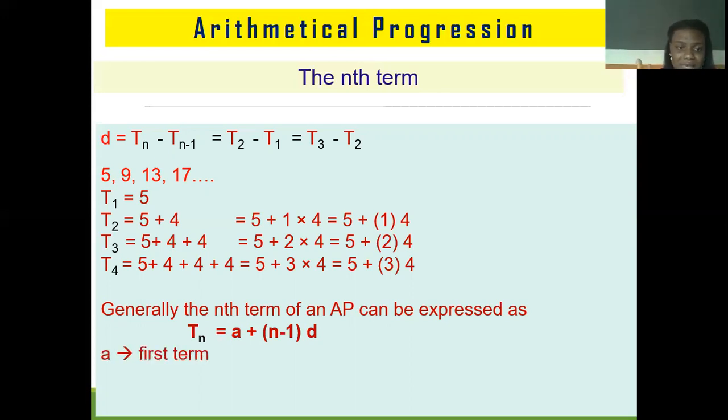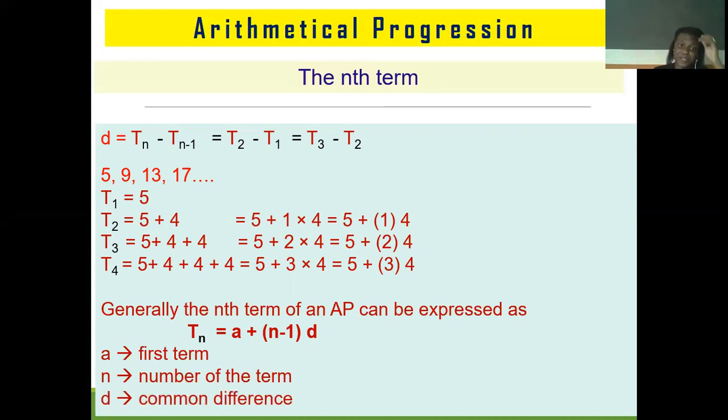So remember that A is the first term, n is the number of the term, if it's the second term or the third term and all that. Then D is the common difference. So this formula is not far-fetched. It's not something that was brought up from the sky. It's something you can even see with your own eyes if you form a pattern with any arithmetical progression. So try to learn the formula and be able to recall it when you need it. So Tn equals A plus n minus 1 bracket D.